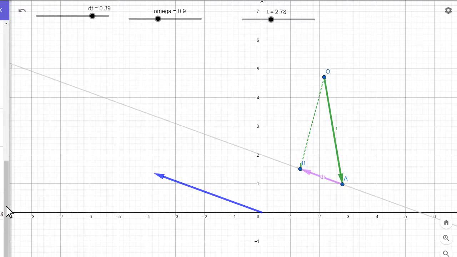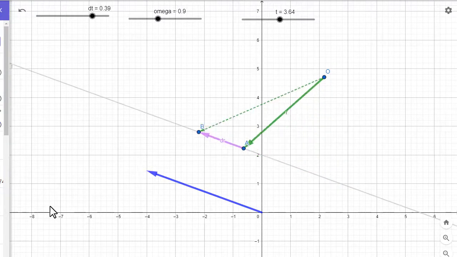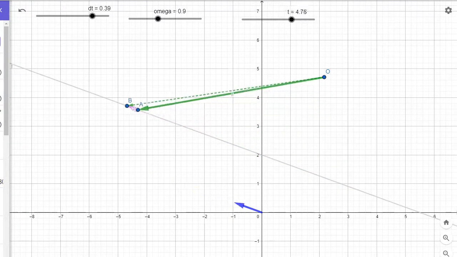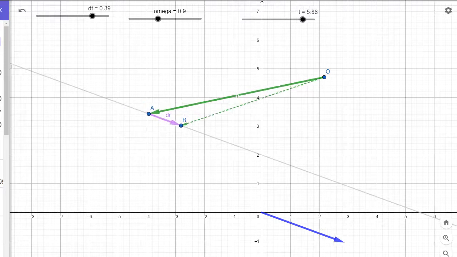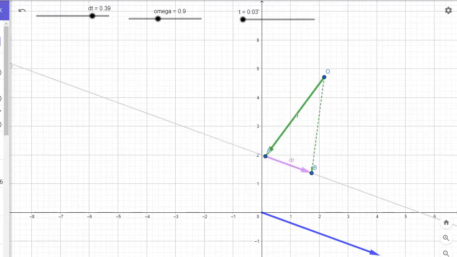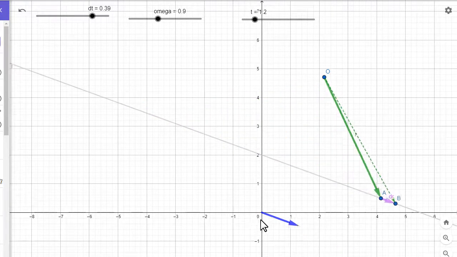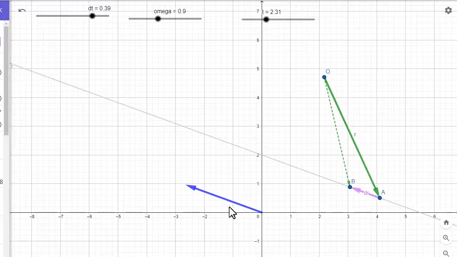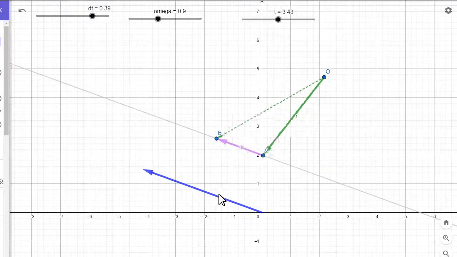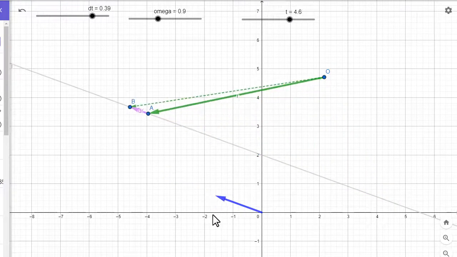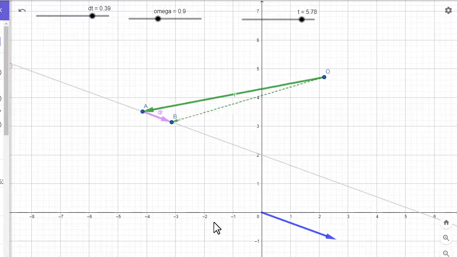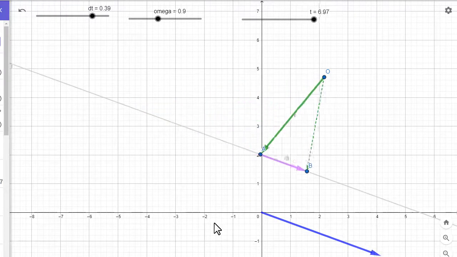Let me get the animation rolling again. There it is. And now what we have is the delta r divided by the delta t. Here's that quotient that's in our definition of velocity.